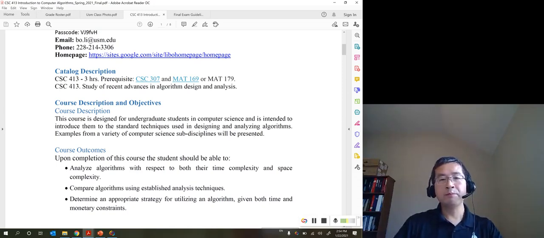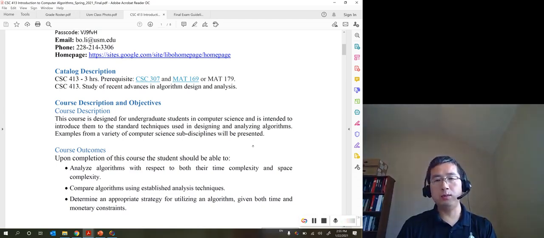So this one is a core part, and we'll talk about the most important strategies and the 3 aspects of the algorithm topic, and also talk about applications as well. 3 aspects: design, analysis, and proof.